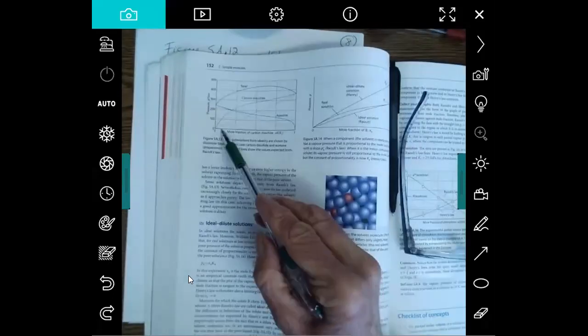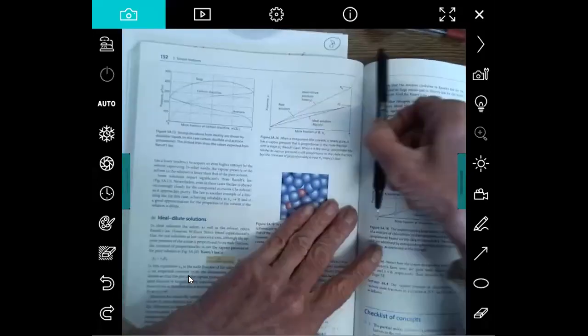You can think of it as they both want to get out of the liquid phase more, because as they interact with each other, it's not as favorable as it was when they were pure. You could also have negative deviations, where these curves from experiment were below Raoult's law. That would mean that they interact more with each other than they did when they were alone, and that they like to be in solution more because the interactions are more favorable.